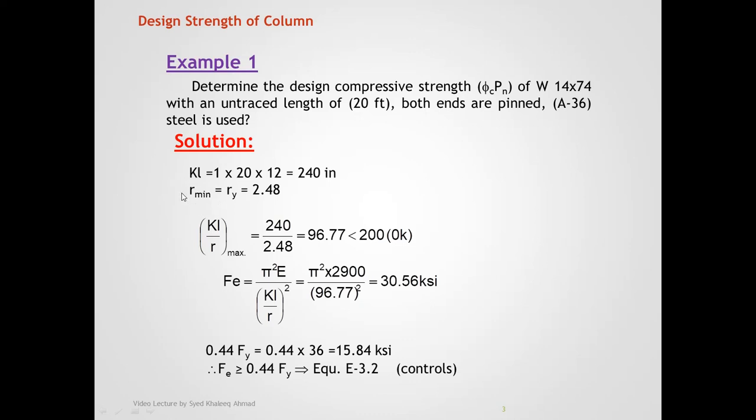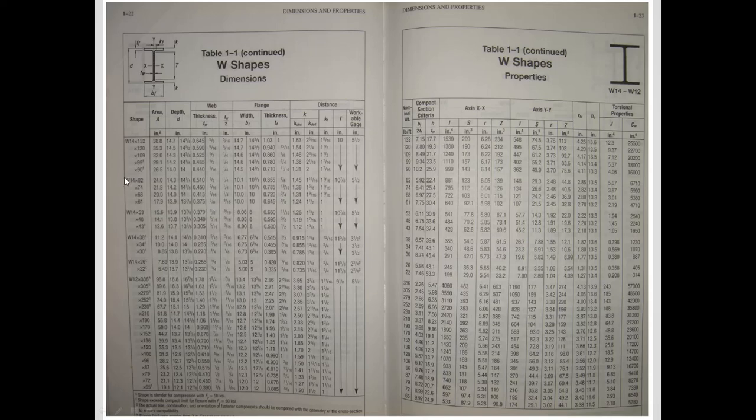We have to calculate the value for r, which is radius of gyration, that we can calculate as r minimum from the table of the steel section. Your section is W14 by 74. So we have to see this value from this steel table, and from here we can see the value for minimum r.